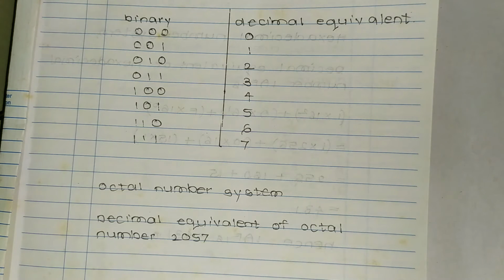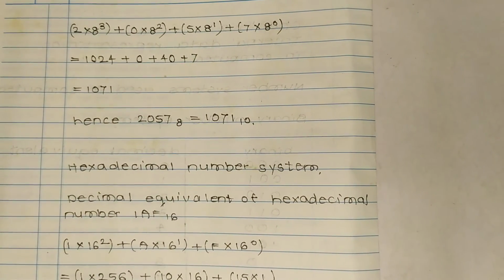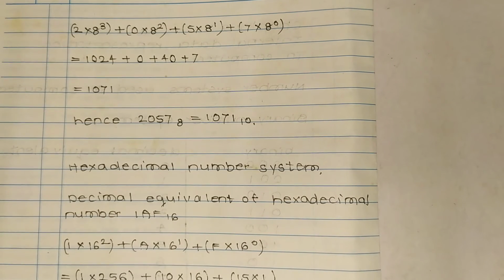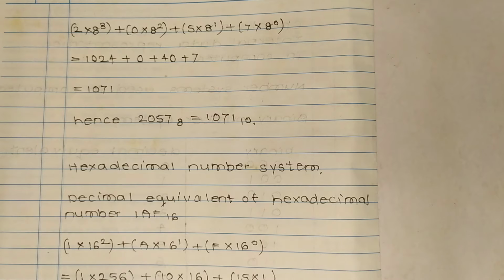Each position in octal number system represents a power of the base 8. Therefore, the decimal equivalent of octal number 2057 is written as 2 into 8 raised to 3 plus 0 into 8 raised to 2 plus 5 into 8 raised to 1 plus 7 into 8 raised to 0, which is equal to 1024 plus 0 plus 40 plus 7, which is equal to 1071.